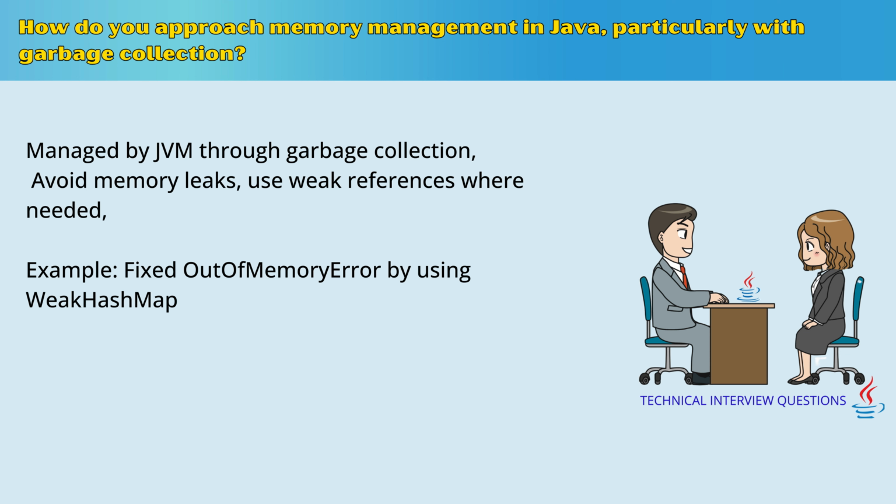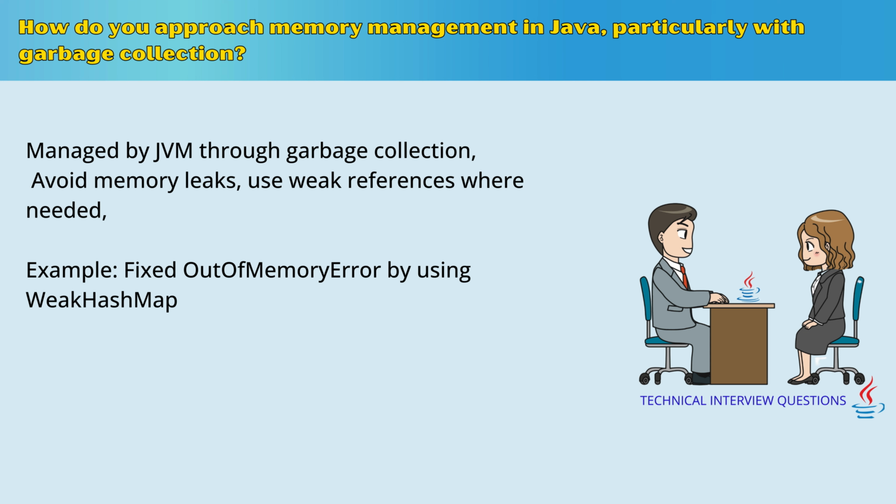In a project, I once encountered an out-of-memory error due to improper handling of a cache. We were using a hash map to store objects that were not being cleaned up, leading to memory bloat. I refactored the code to use a weak hash map, which automatically removes entries when the key is no longer in use, helping to avoid the memory issue.